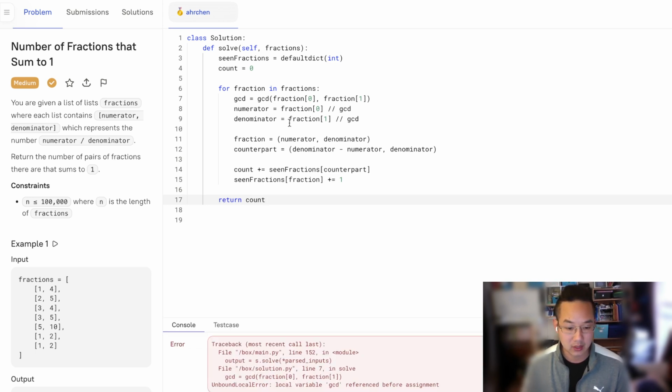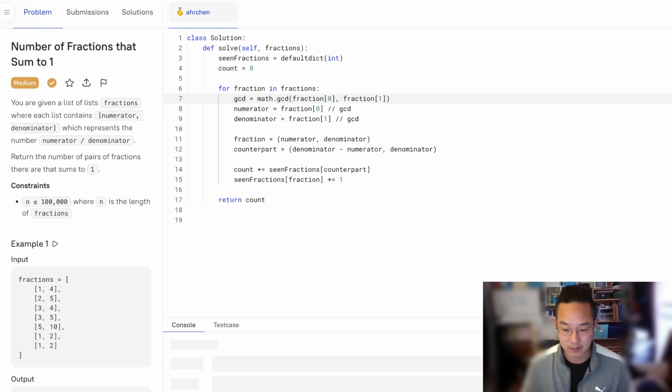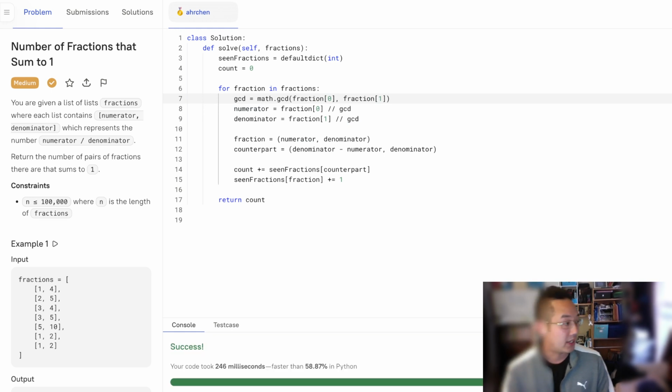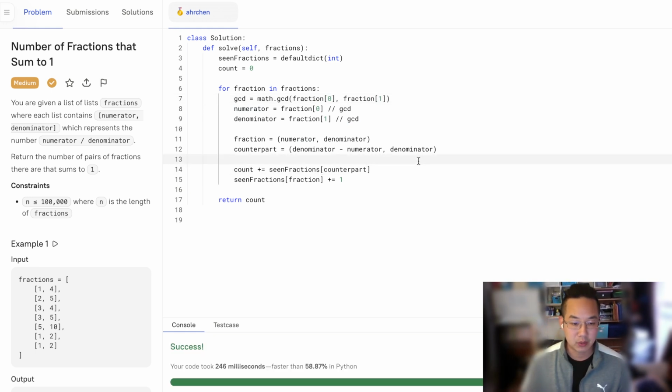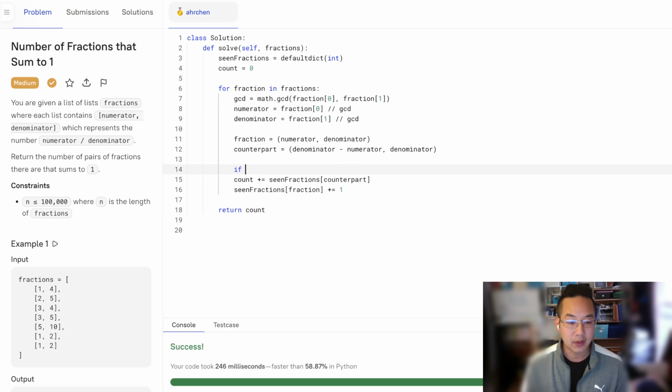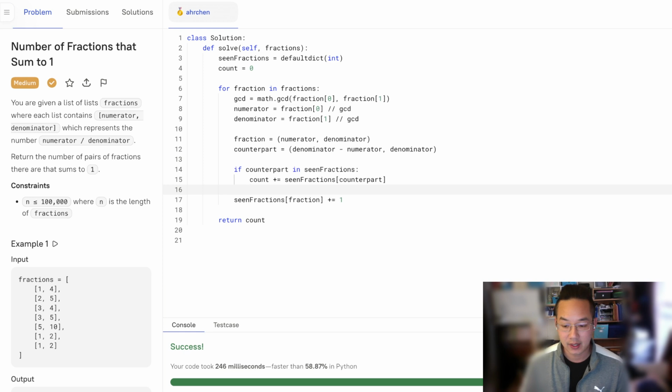Oh, runtime error. Right, math.gcd. So that is 58%. Now, if we do an if counterpart in seen fractions, then we purposely do this.